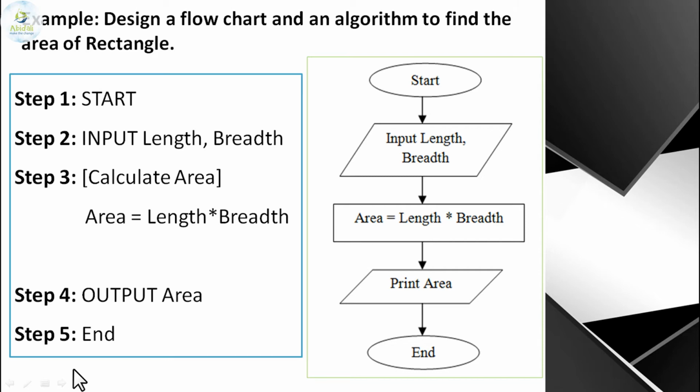After length and breadth are taken as input, we move to the calculation part: area = length * breadth. After that, the arrow mark indicates the flow. Then we print the area. That is, after the area of the rectangle is calculated, we print the area. The last step is the end, which is represented by the oval. This is how simple flowcharts need to be drawn.